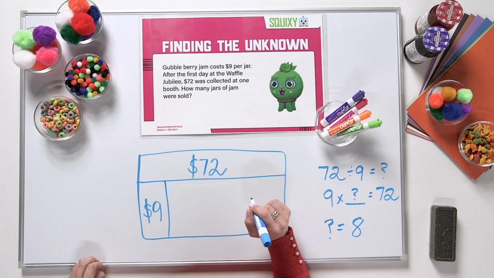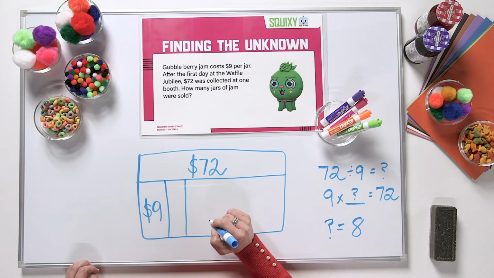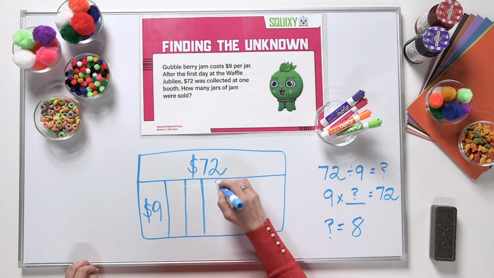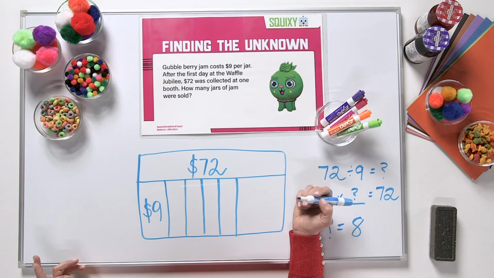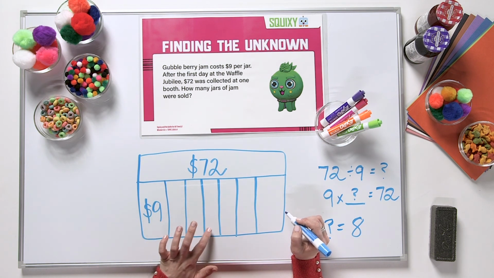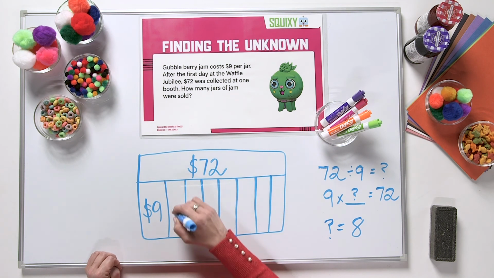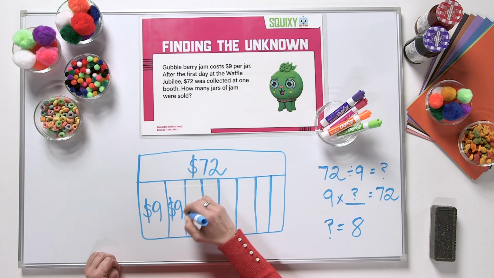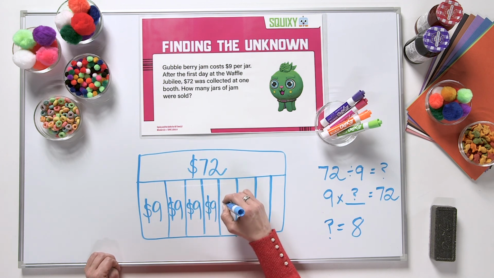But after using the inverse operation, we found out that there were 8 jars sold. That means that the bottom part of the bar model is going to be split into 8 equal parts. 1, 2, 3, 4, 5, 6, 7, and 8. Each jar was $9. 8 jars were sold.